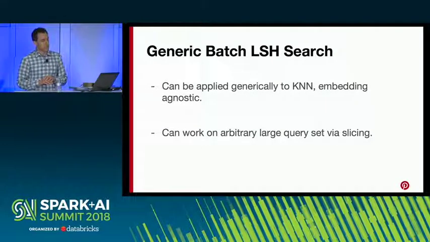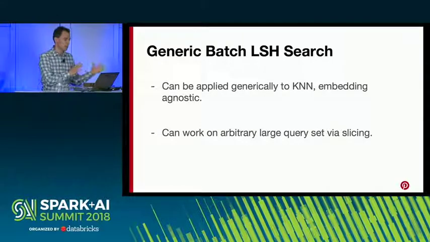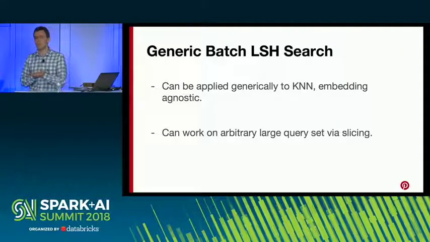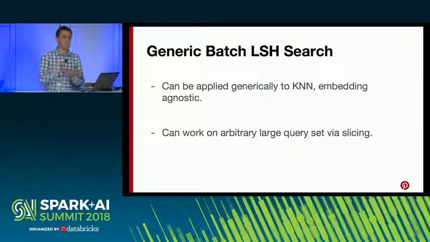Although what I've spoken about was specific to images, this platform is actually used at Pinterest more generically. As you notice, none of this was actually specific to images, other than the fact that the visual embedding that we generated came from a VGG16 neural network.